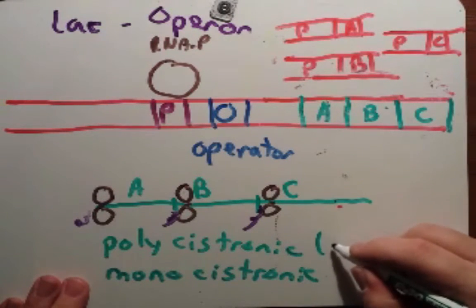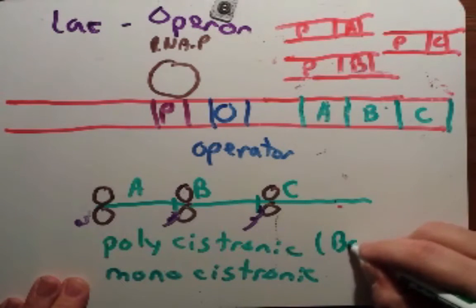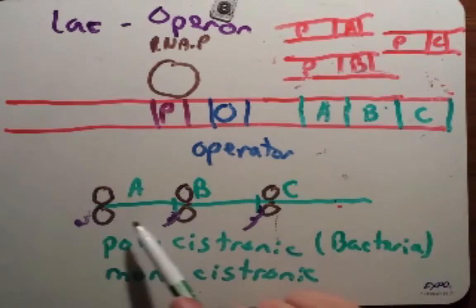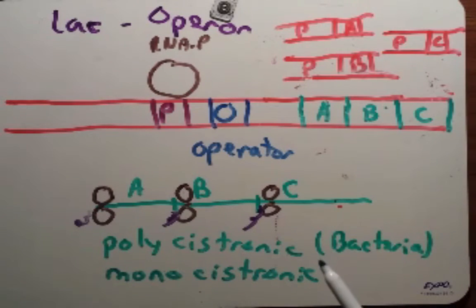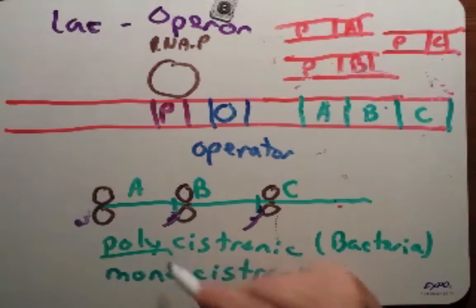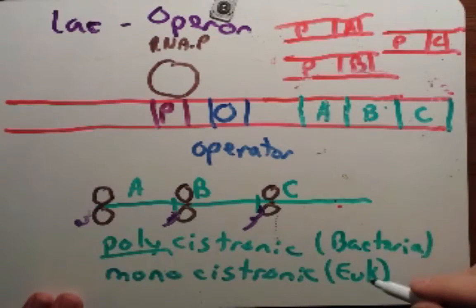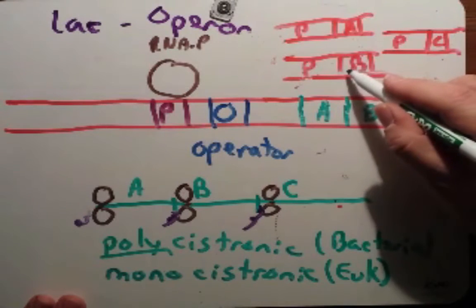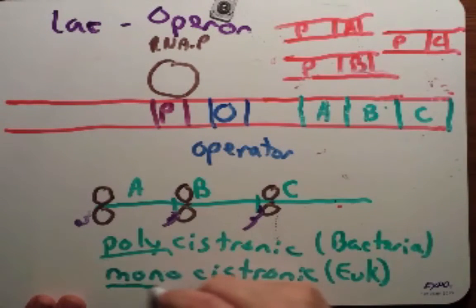Polycistronic is the case we see up here with our bacterial cells, where they will make a single messenger RNA that's able to code for multiple proteins. Poly. One mRNA, multiple proteins. Eukaryotes usually have monocistronic messenger RNAs, much like we see up here. They code for a single protein, mono.